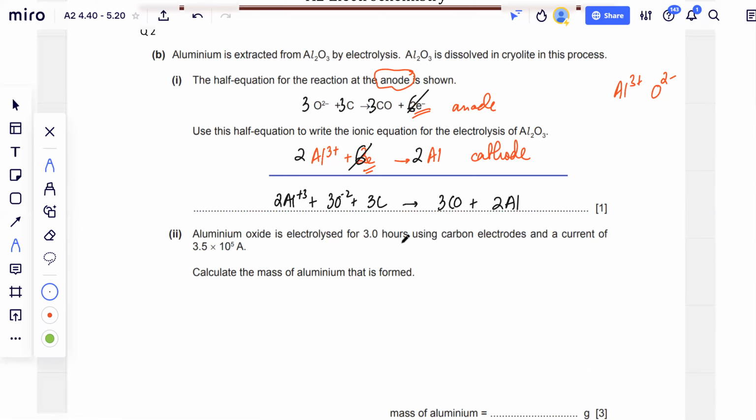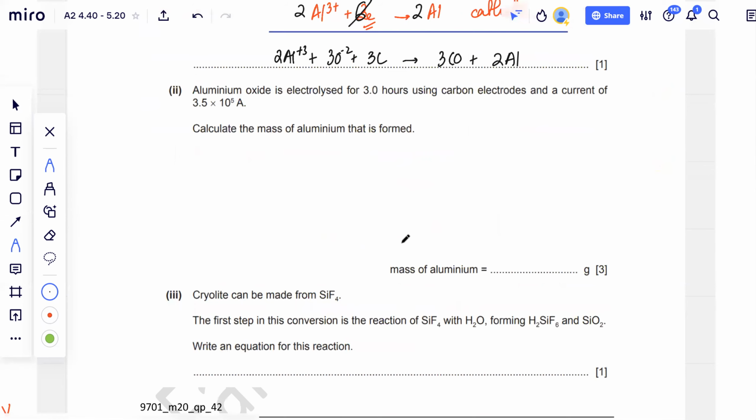So that's your full ionic equation for this particular reaction. Next, he's saying calculate the mass of aluminium that is formed. Now we know that aluminium is formed when aluminium 3 plus gets reduced. They gain 3 electrons to form aluminium. We just wrote that above. So what we need now is, we're doing electrolysis, and he's passing a current of 3.5 times 10 power 5 amperes for 3 hours.